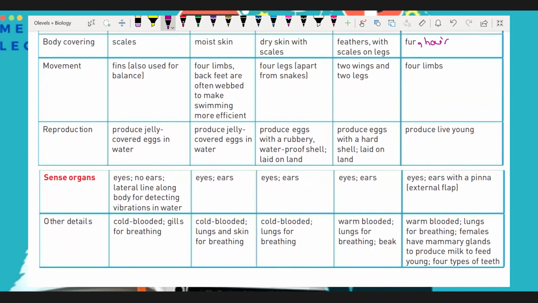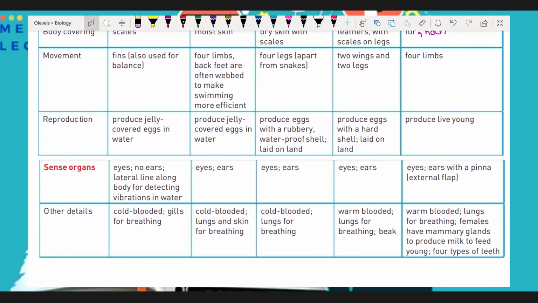They are warm-blooded, have lungs for breathing, females have mammary glands to produce milk to feed young, and they have four types of teeth.